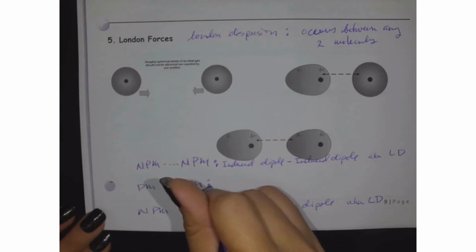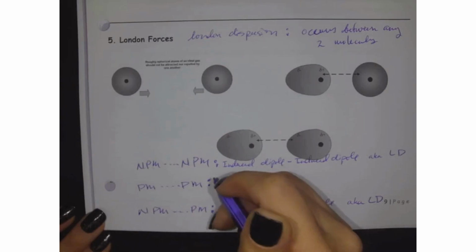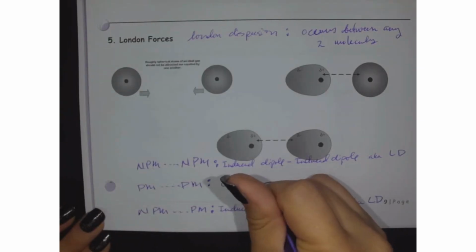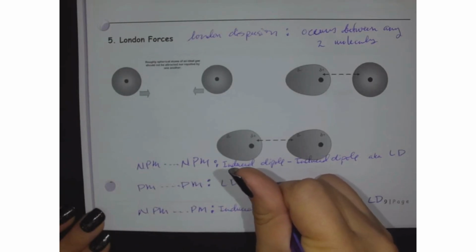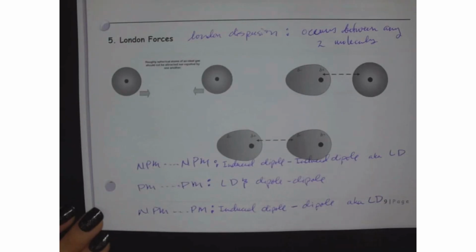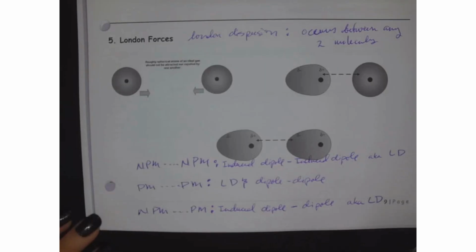Now, where I want to clarify is there is London dispersion between a polar molecule and a polar molecule, but we don't want to just call it dipole-dipole, because that's also another type of IMF. So if it's a polar molecule with a polar molecule, I want you to say there's London dispersion and dipole-dipole.